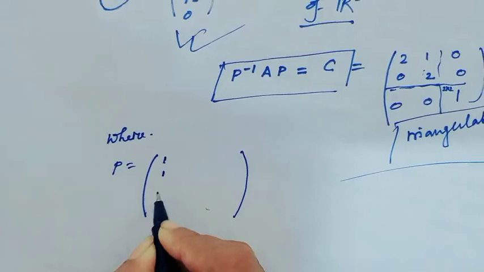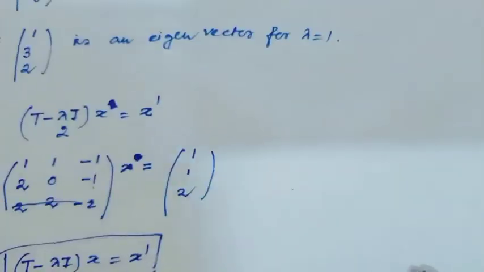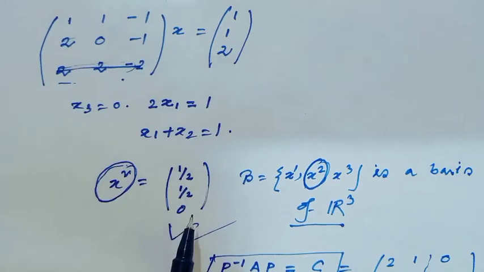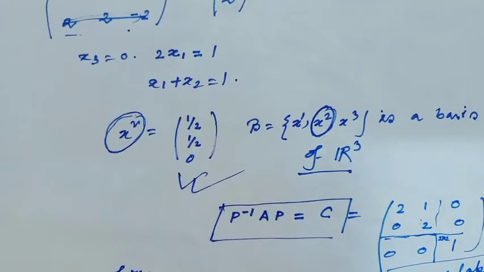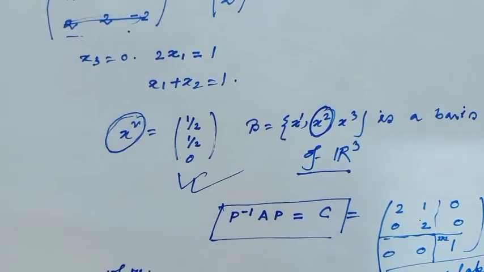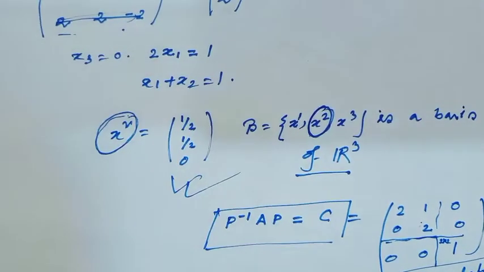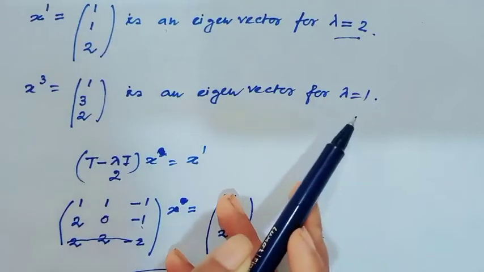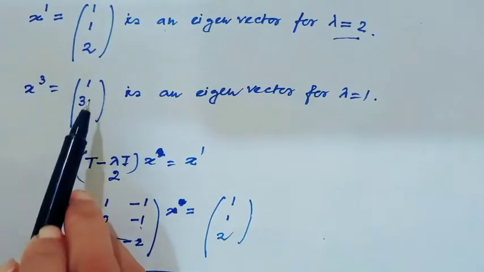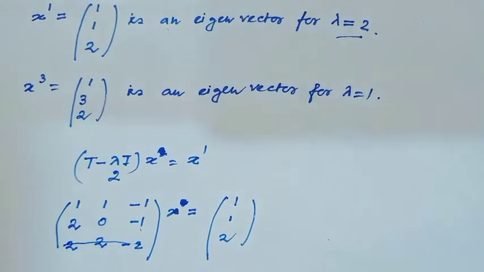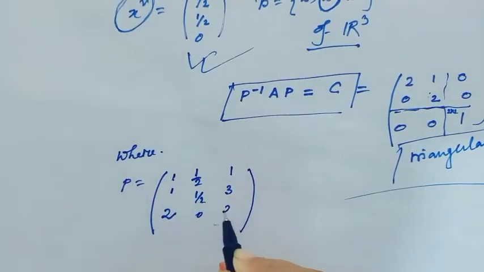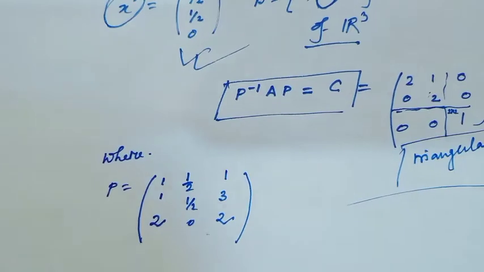Just put the values. x2 means this generalized eigenvector for lambda equal to 2, half, half, 0, and x3 means the eigenvector corresponding to the eigenvalue lambda equal to 1, which is 1, 3, 2. Okay? Are you getting it?